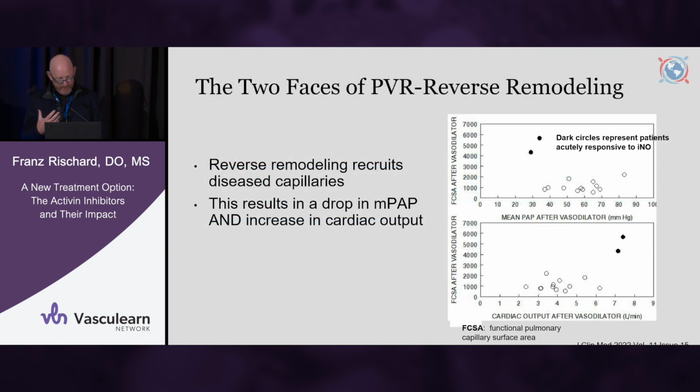One of the things I think is important to bring up is that when we see a drop in PVR with our typical drugs that we use to treat pulmonary hypertension outside of sotatercept, we typically see a very small drop in mean pressure, although there are occasions, specifically in triple therapy patients, where there might be a more dramatic drop in mean pressure, but more substantially an increase in cardiac output.